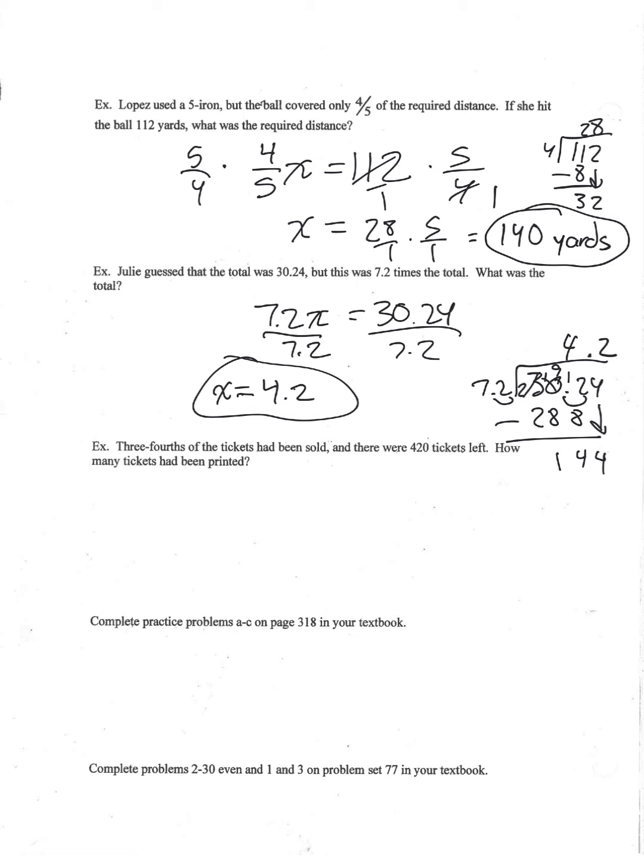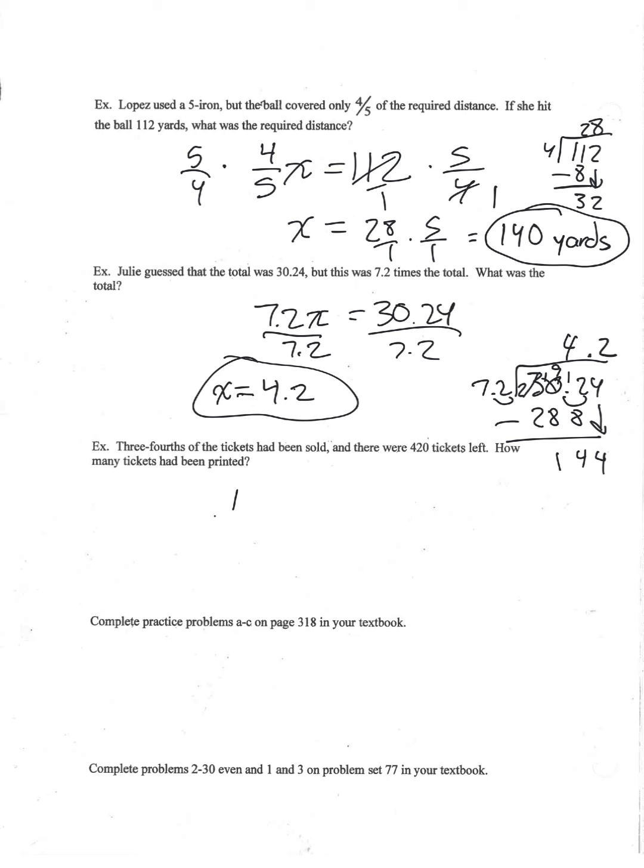All right, one more. 3/4 of the tickets had been sold, and there were 420 tickets left. How many tickets had been printed? So if we know that there are 420 tickets left, and 3/4 of the tickets have been sold, then that means that 420 actually represents 1/4 of some value, right? 420 has to be a quarter of the total if 3/4 are already gone.